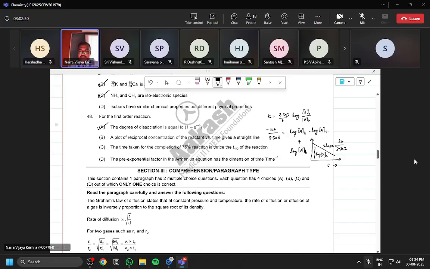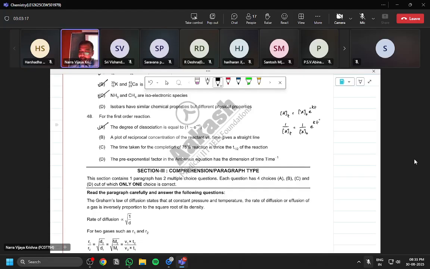But what they are saying, if I want to plot a graph between At versus t, see this. At is equal to A naught into e power minus kt. Now, 1 upon At is equal to 1 upon A naught into e power kt. Correct?